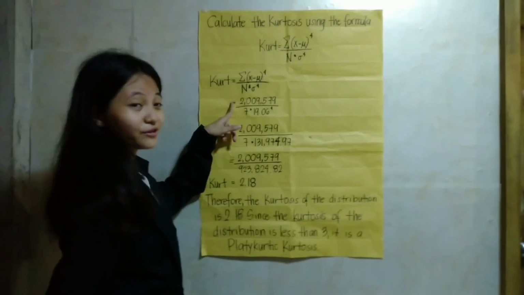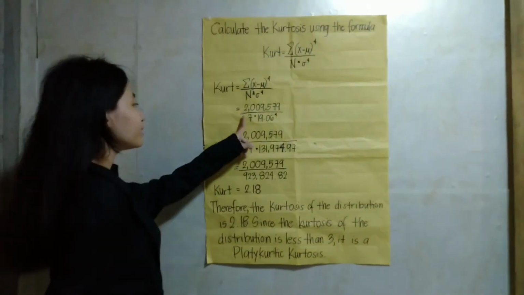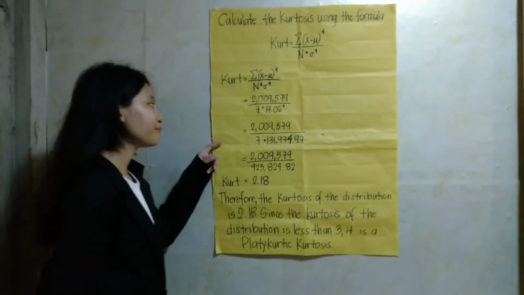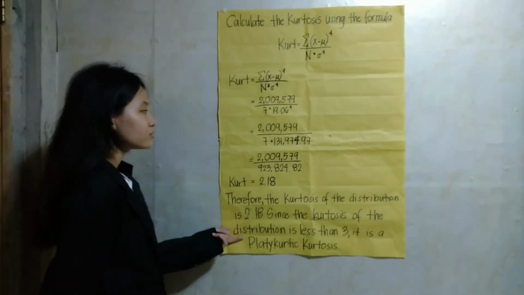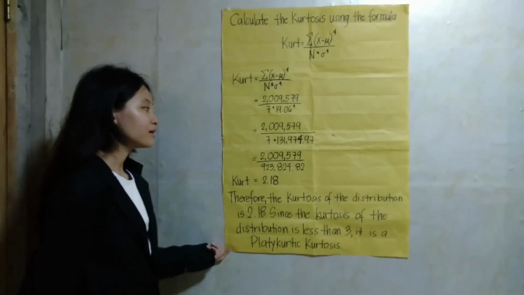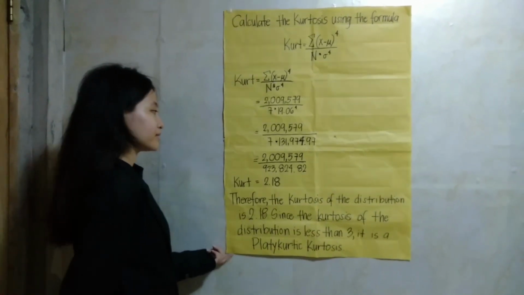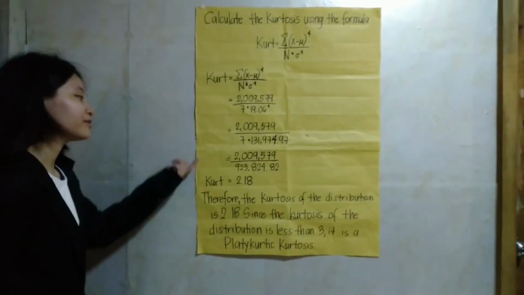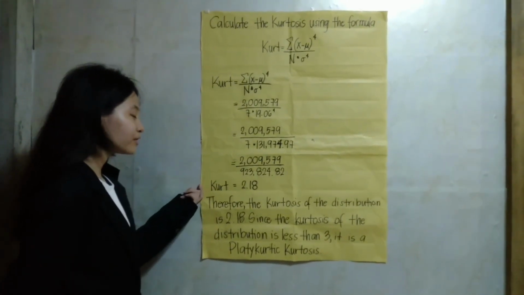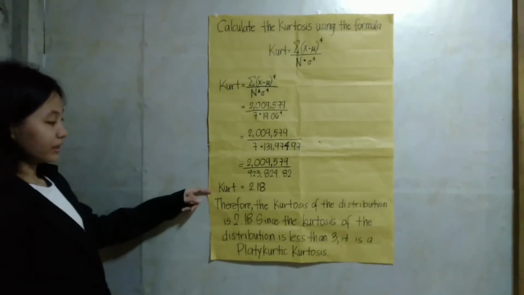To get this number, you have to add all the results from step 5. 209,579 divided by 7 times 19.06 to the power of 4, which is 131,974.97, equals 209,579 divided by 923,824.82 equals 2.18.